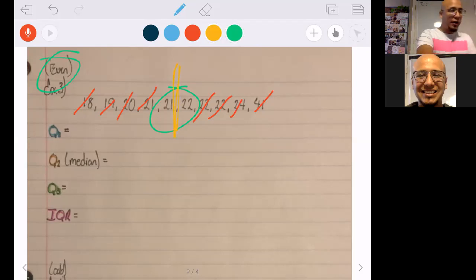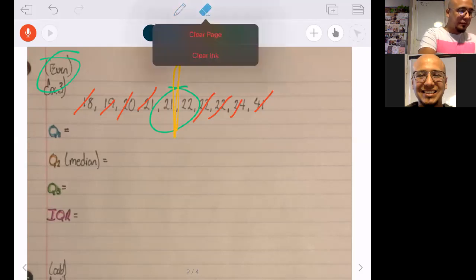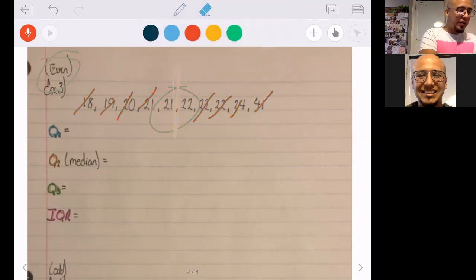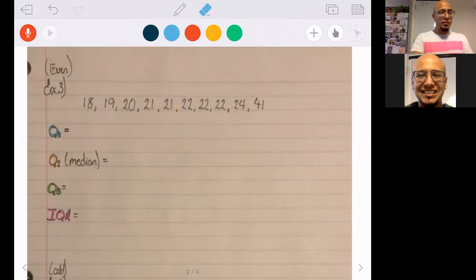The way that we find the median, ladies and gentlemen, is that we're going to add these two numbers, 21 plus 22, and then divide by 2. 21 plus 22 gives us 43, and 43 divided by 2 gives us 21.5.